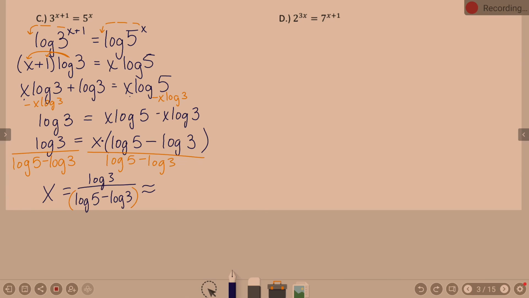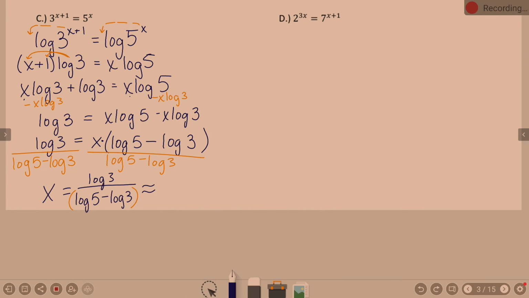So if I wanted to do this all at once, I can do log of 3 into my parentheses, divided by, now since I have more than one piece in the denominator, I'm going to do parentheses to begin with, log of 5 into that parenthesis, minus log of 3 into that parenthesis, plus the closing parenthesis for the denominator.